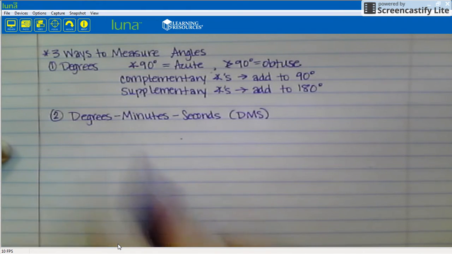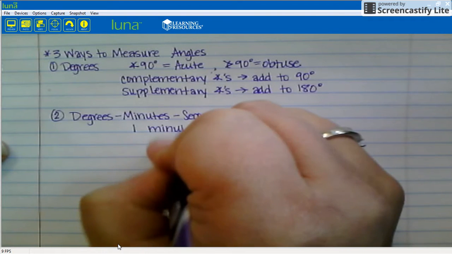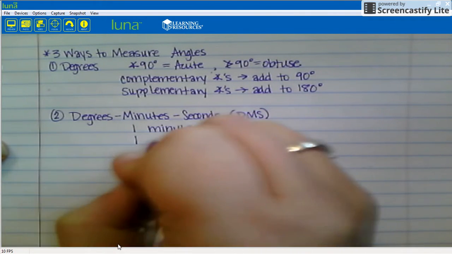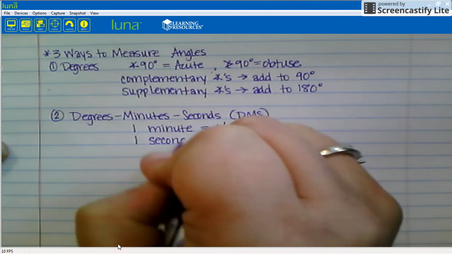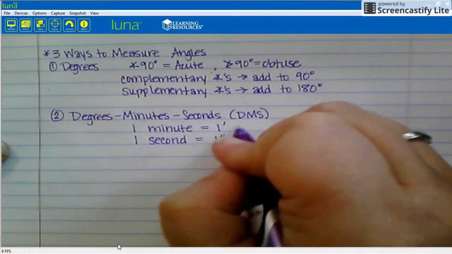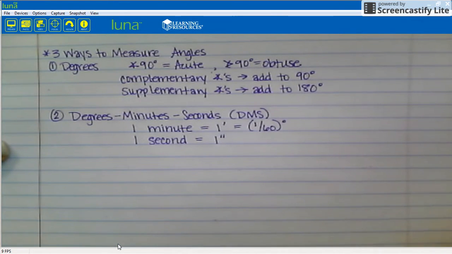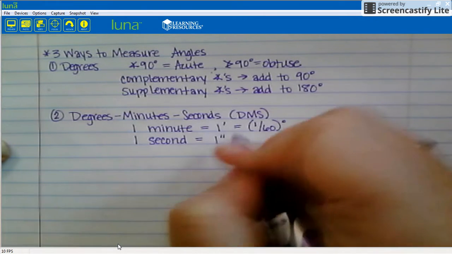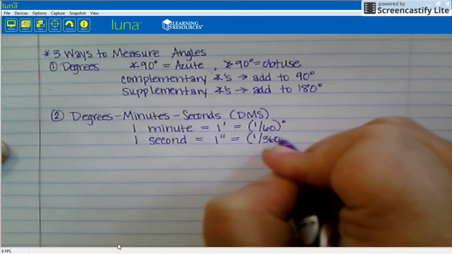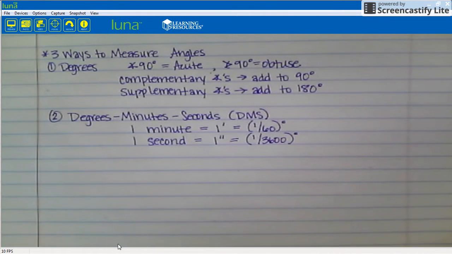And so the way this works is 1 minute will be written as 1 with an apostrophe. And 1 second will be written as 1 with a double apostrophe. And it is equivalent to 1 over 60 degrees, because there are 60 minutes in an hour. And the second is equivalent to 1 over 3,600 degrees, because there are 3,600 seconds in an hour.